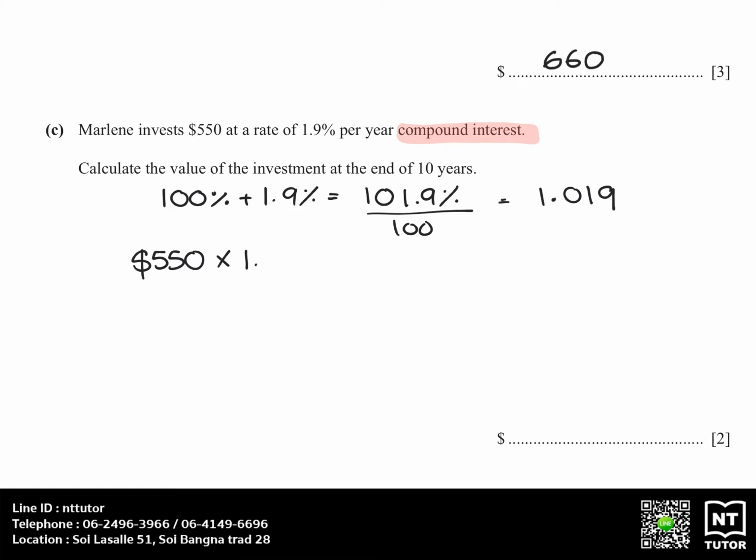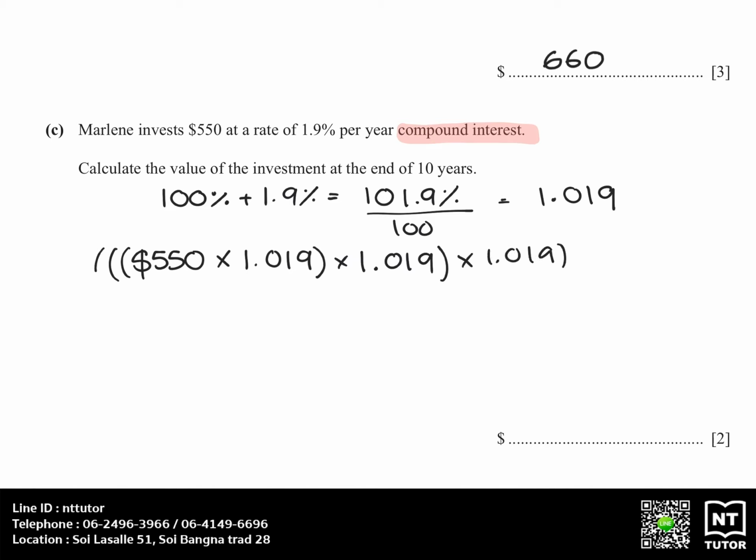by 1.019. After the second year, we have this value in the bank, and we increase it by 1.9% again, which is the same as multiplying by 1.019. And then, after the third year, we do the same.